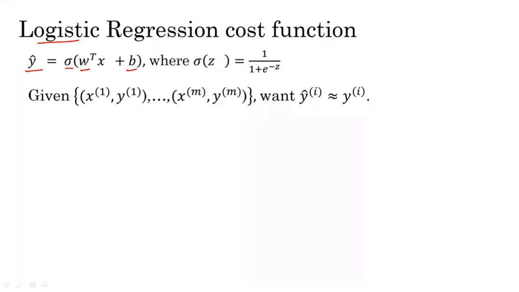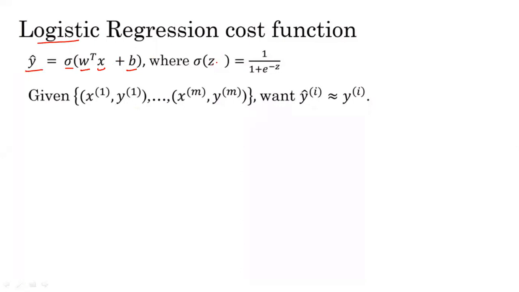So it has nx features if there is only a single training example, and if there are m training examples, then the dimension would be nx cross m. The dimensions of w would be similar to the dimension of the input feature vector x. This we have already seen in the previous video lecture.